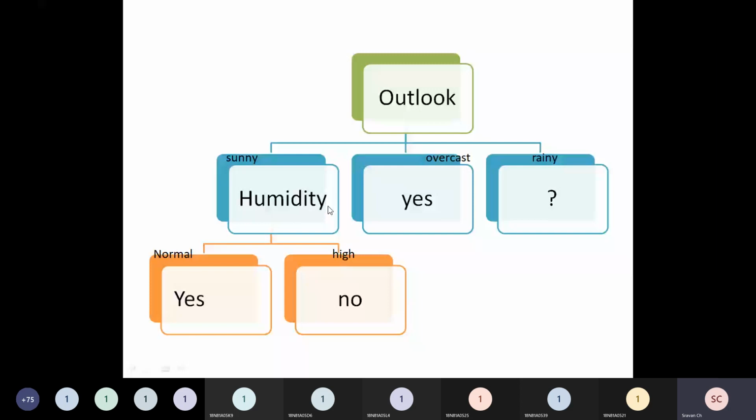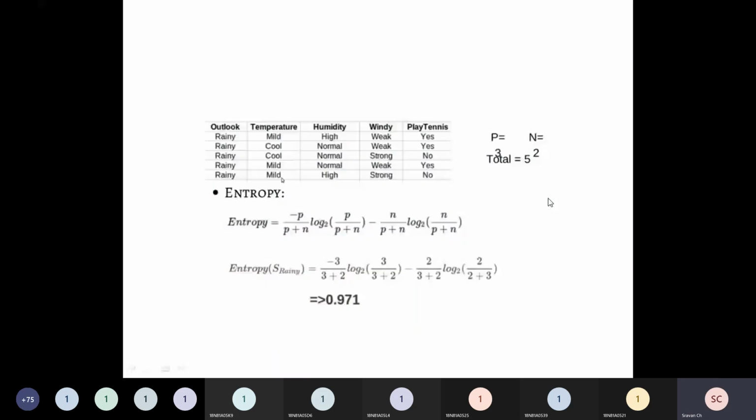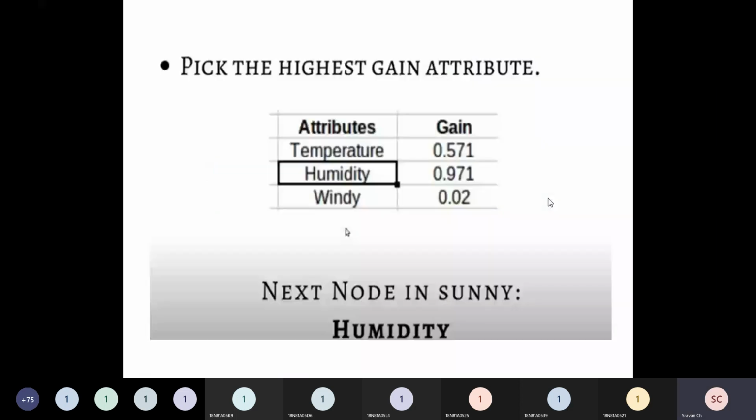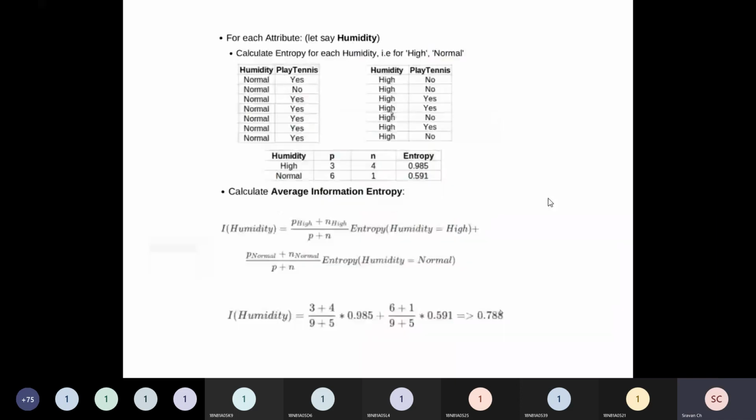So obviously there is no chance for temperature. Fine. Now, this is what we have done, calculations for the second table also. Right? Now if we go back, it is windy.